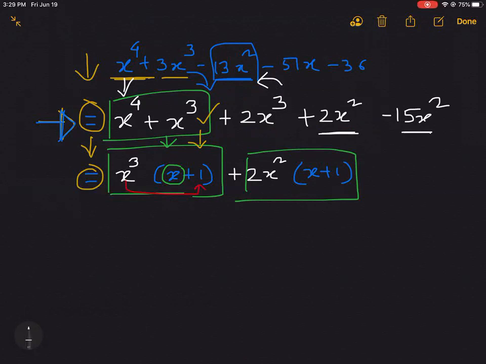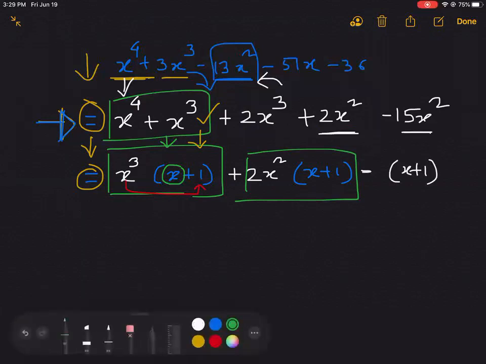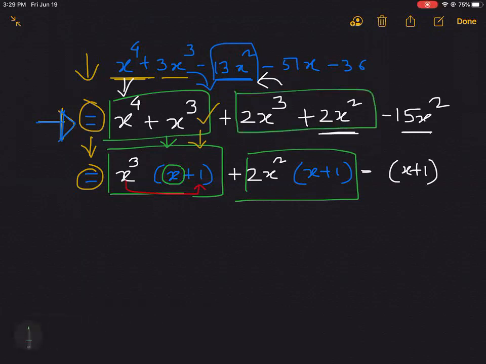And again, for this pair, I think I'll need more space. Okay, let's try this way. Let's carry on, and later on I'll use another space. Okay, so again, I'll factor out x plus 1 from it. And now, as I said, this is the pair for this.